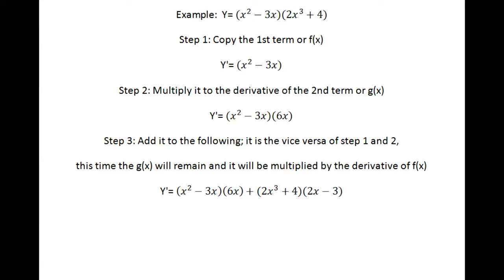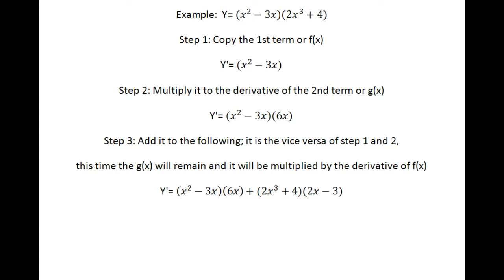So, dapat ganito yung makukuha natin. 2x cubed plus 4 times yung derivative ng first term or f of x, which is x squared. Kapag dinerivative natin siya, makukuha natin 2x. And then, yung 3x, makukuha natin 3.